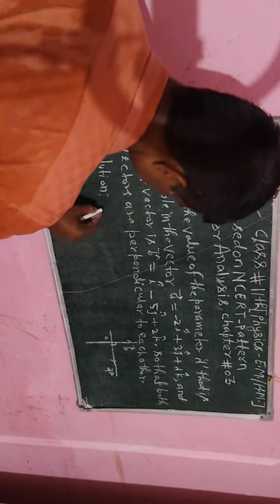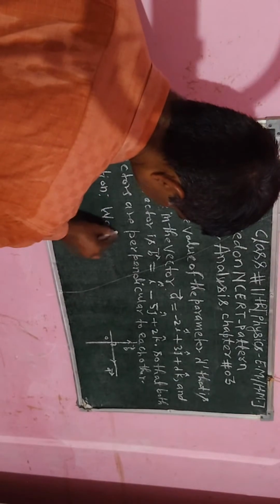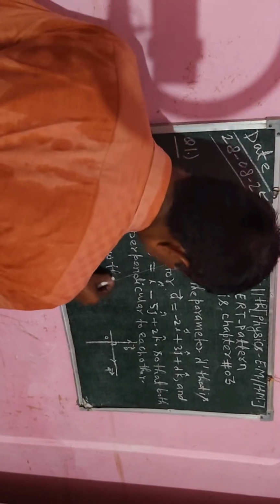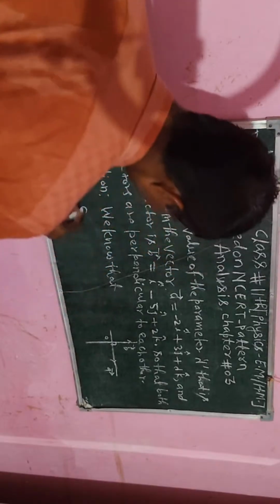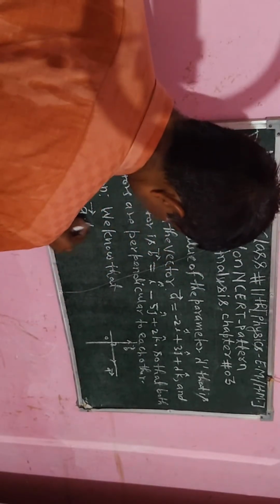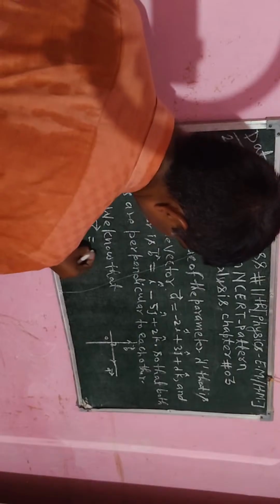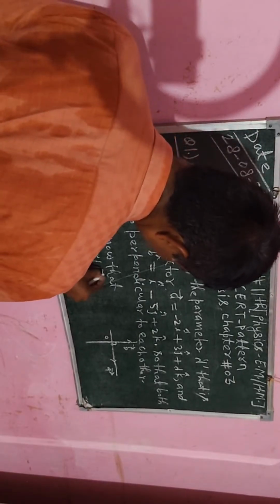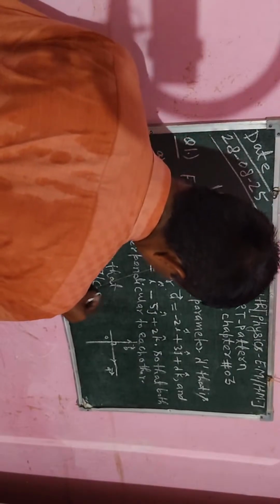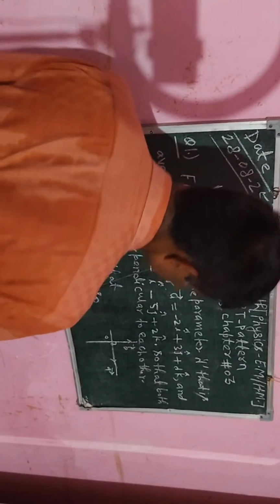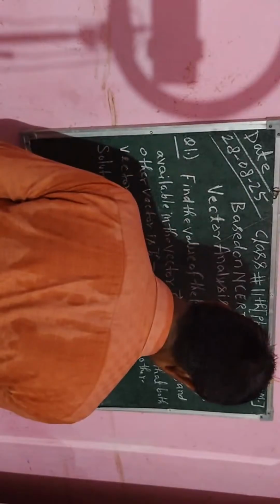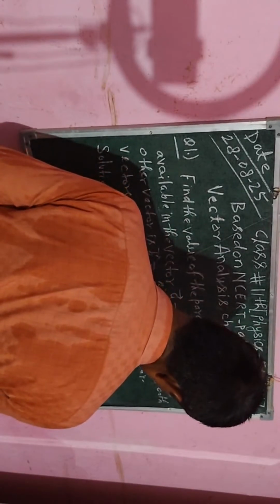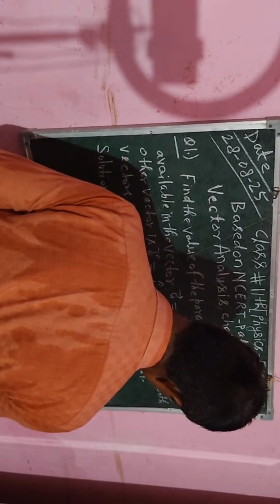So I will say here, we know that vector A dot vector B is equal to magnitude of the vector A into magnitude of the vector B into cos theta. Now here the theta value is 90 degree. It means that I will take the value of theta as 90 degree.